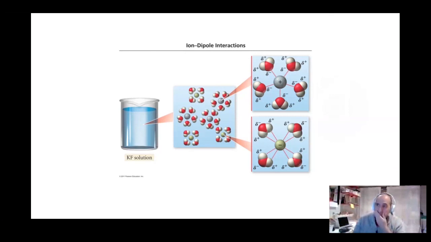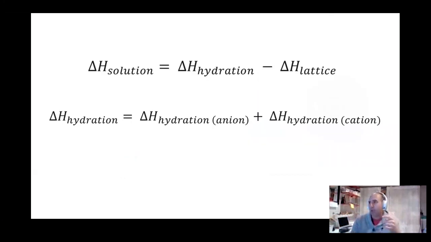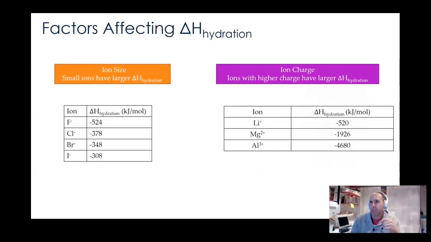Now, just a reminder of ion-dipole interactions. So the strength of the ion-dipole interactions between each ion is referred to as the enthalpy of hydration. And so if we're just going to be qualitative about this, how do we judge enthalpies of hydration? How do we compare them? So there are two parts to this, all right?